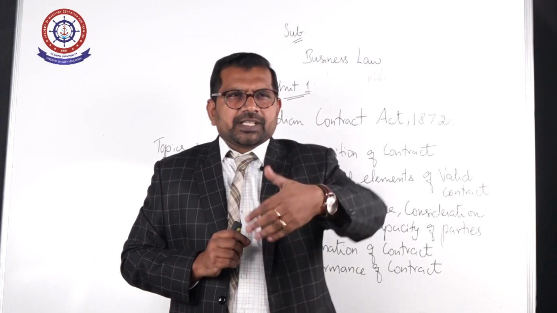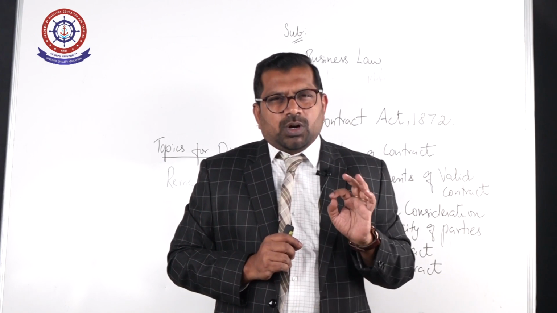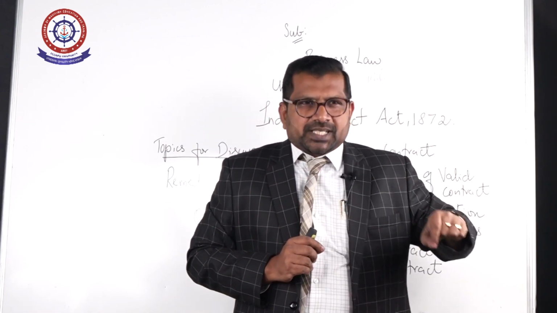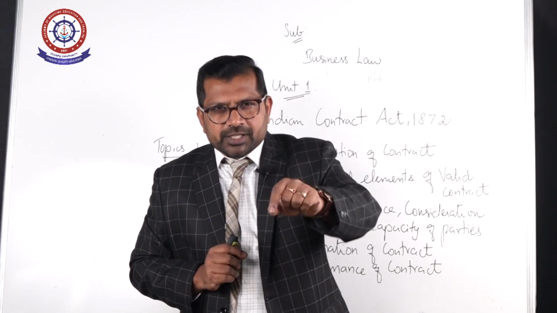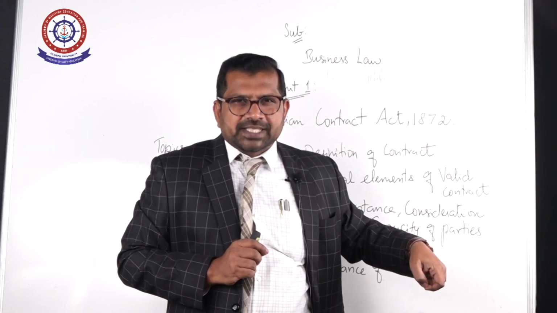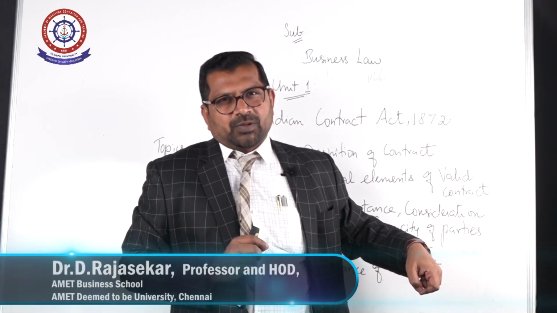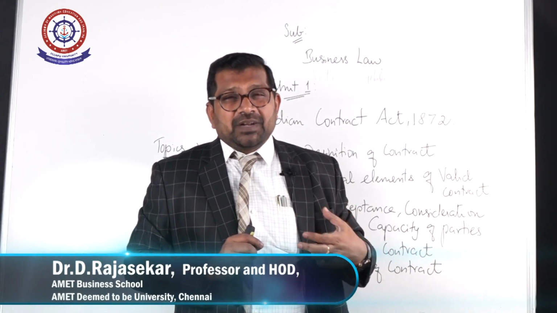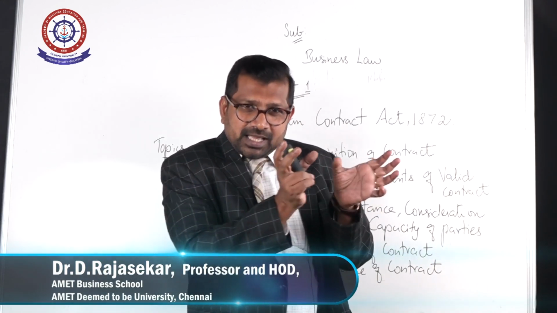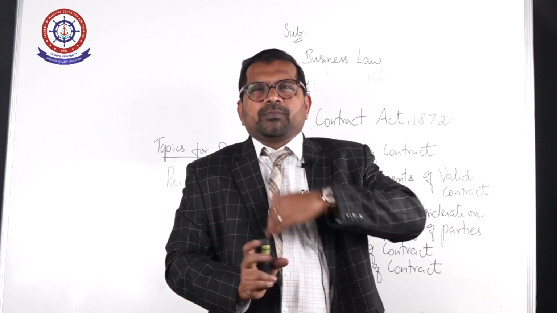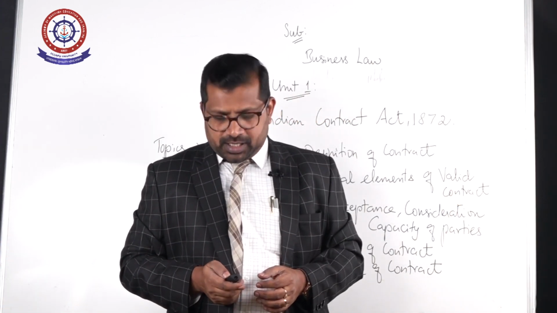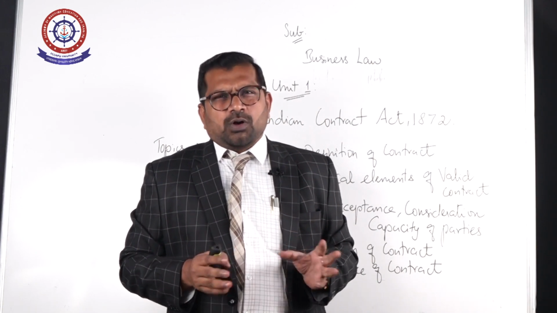But A expires before the contracted date. Now what will happen? A's representatives are bound to deliver the goods to B and B is bound to pay ₹5,000 to A's representatives. This example clearly explains that either the parties need to perform or offer to perform their respective promises. It is called performance of contract.